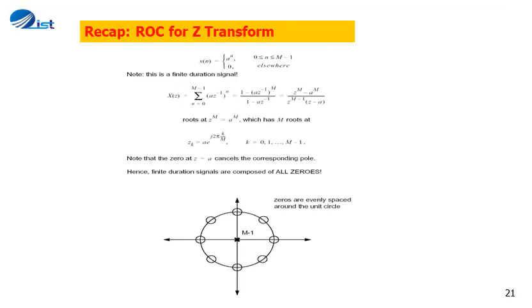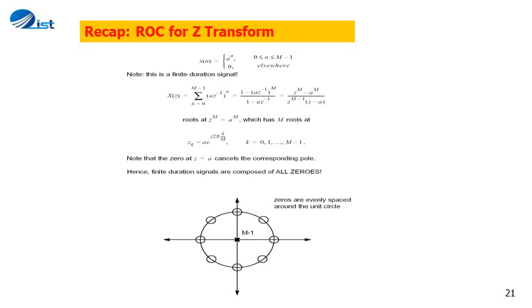At the end of the day, the zeros are at a e^(j2πk/M), which are plotted here for the case of M equal to 8.